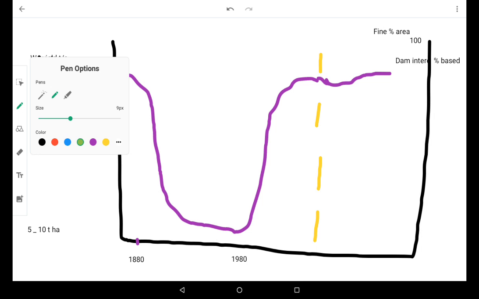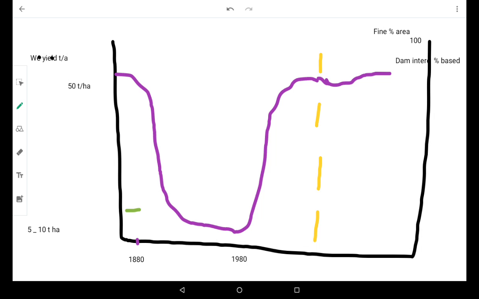The next thing you want to know is the area of dams. So let's plot that. Now, they didn't really have that many dams back in the 1880s, but from the 1980s they started to do them. They often build the dams before the vines so they can get them going. They'll go up here, and then they'll reach some limit, which they've probably reached about now, and they'll continue on.